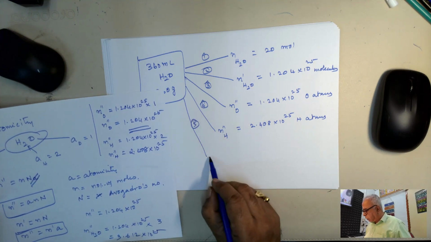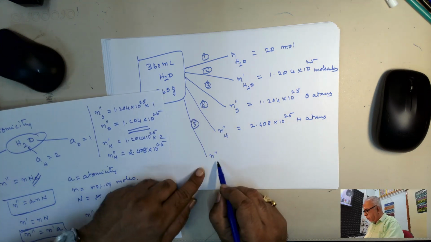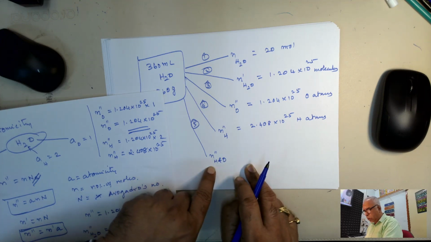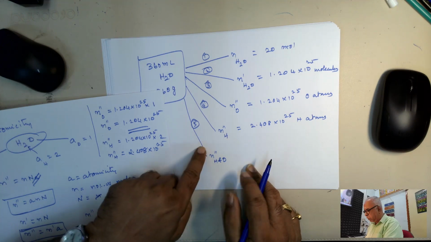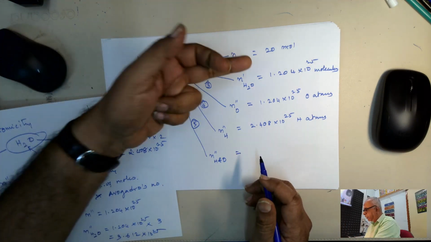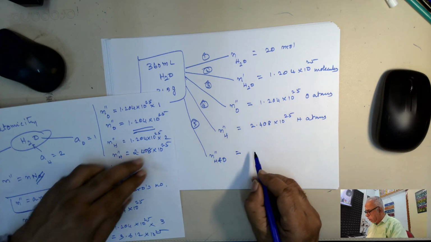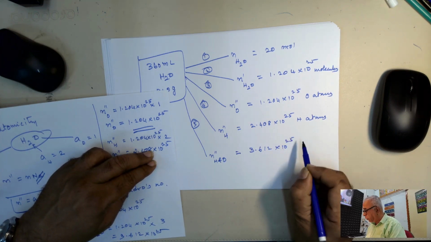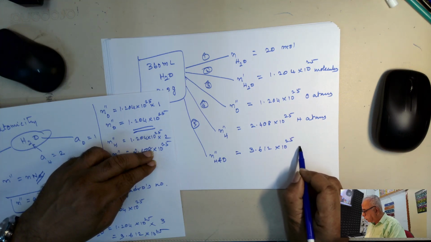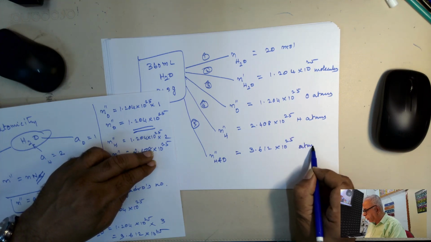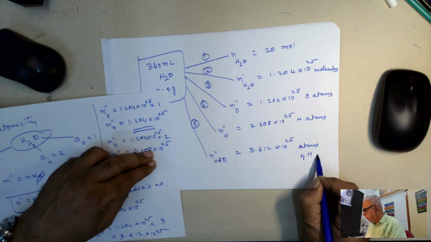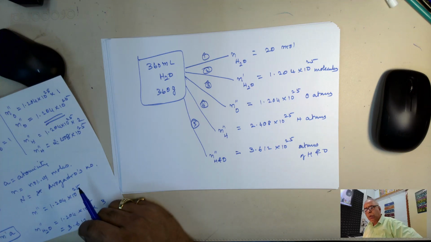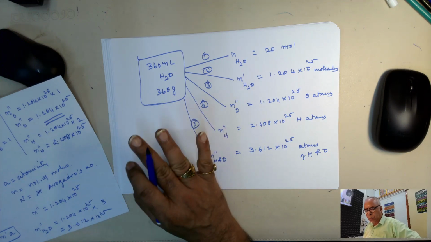Then the fifth one. I have totally asked number of atoms of hydrogen and oxygen. You have got 2 hydrogen and 1 oxygen in each molecule. So it means you have to multiply by 3. So what is our answer? 3.612 into 10 power 25 atoms, of hydrogen and oxygen, in 360 ml H2O or 360 gram H2O.